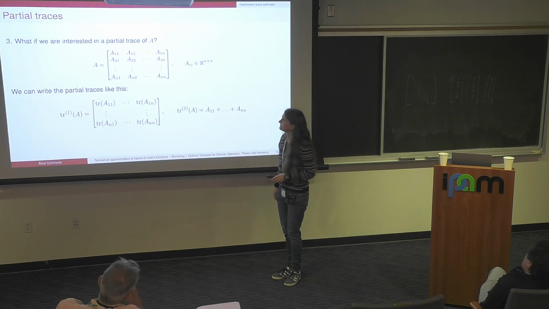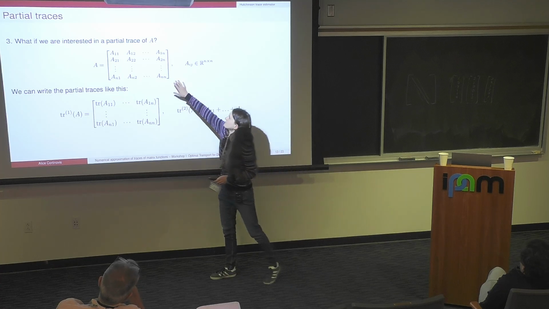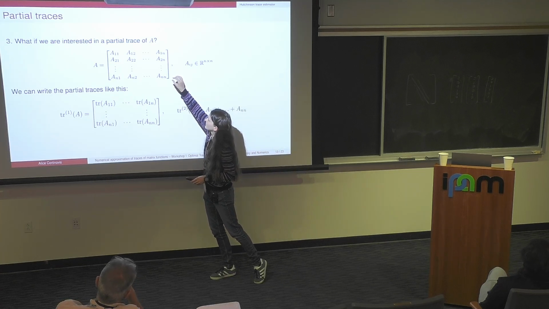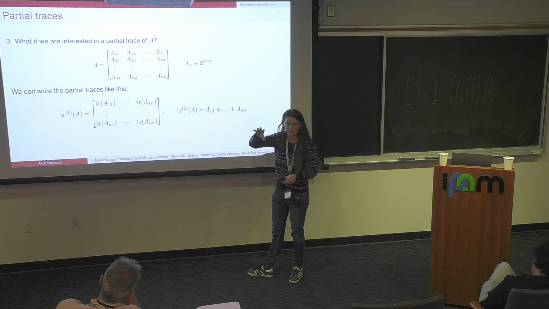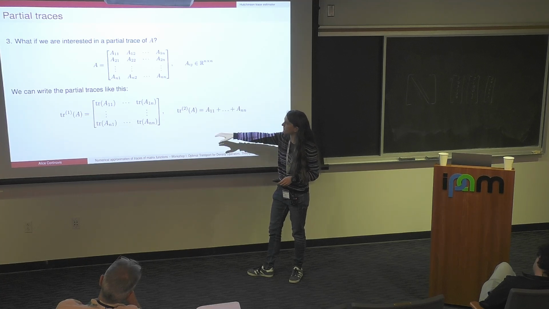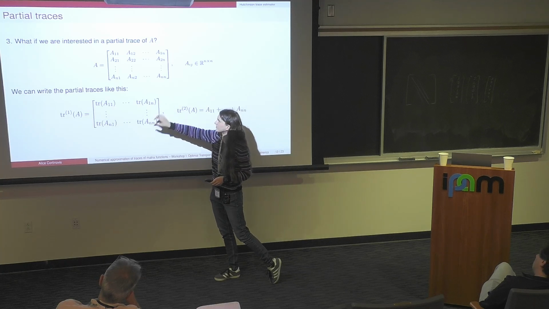And so like in this matrix, you have to think of each Aij to be actually a block, another matrix. And then one can write partial traces, for instance, by taking the trace of each block.